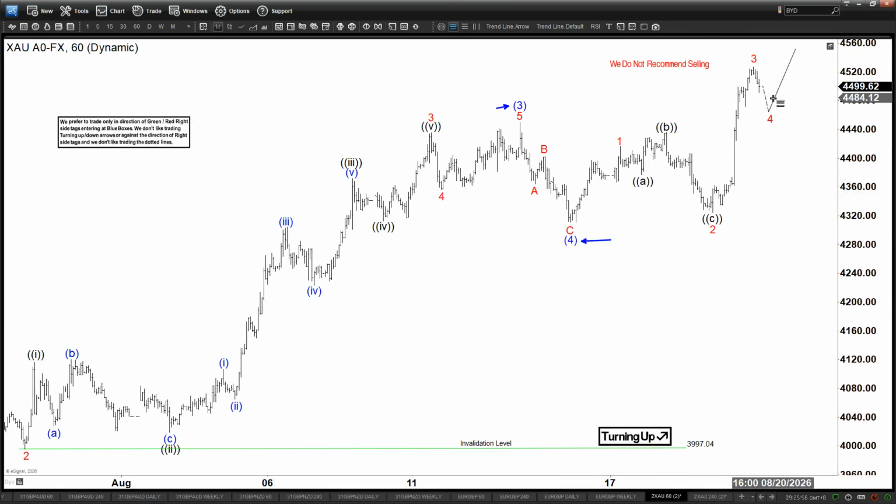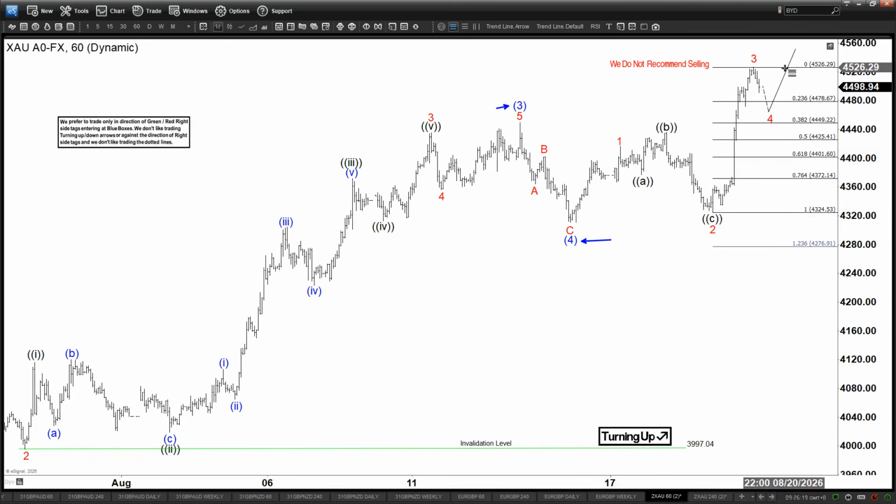Since this is a very short-term move, probably you cannot even identify that pullback in 3 waves in this 1 hour time frame. You have to go down to the 15 minutes or 5 minutes time frame to figure it out. But you can use retracement, right? So as always, wave 4 typically should be somewhere between 23.6 and 38.2, and ideally doesn't go more than 50% retracement of the wave 3.